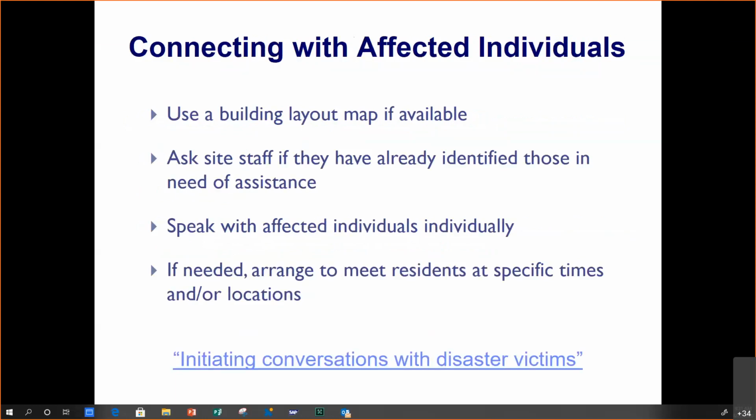Connecting with the affected individuals. Usually, not always, it depends on if there's a printer available, there's a building layout or shelter layout that may tell you where the feeding area is, where the quiet rooms are, where registration is, where bathrooms are, just that map.